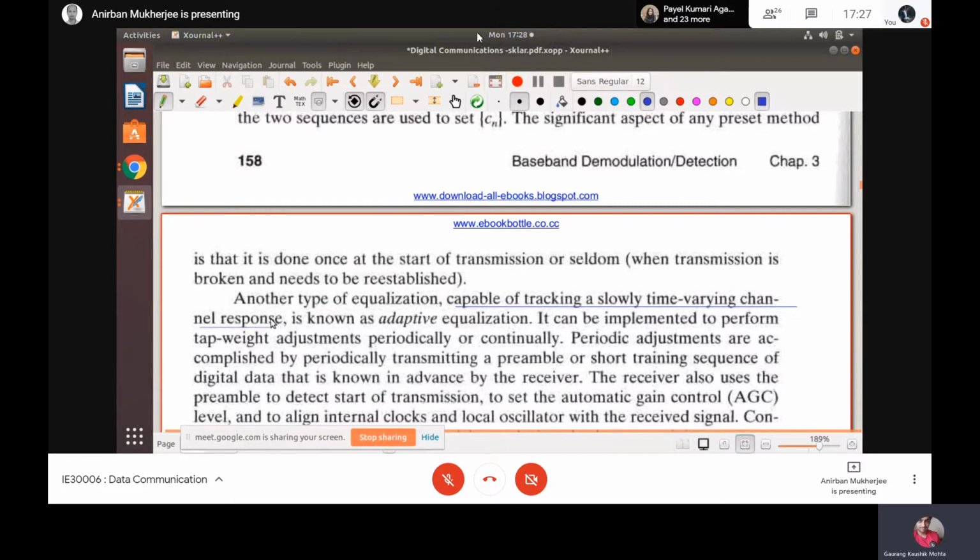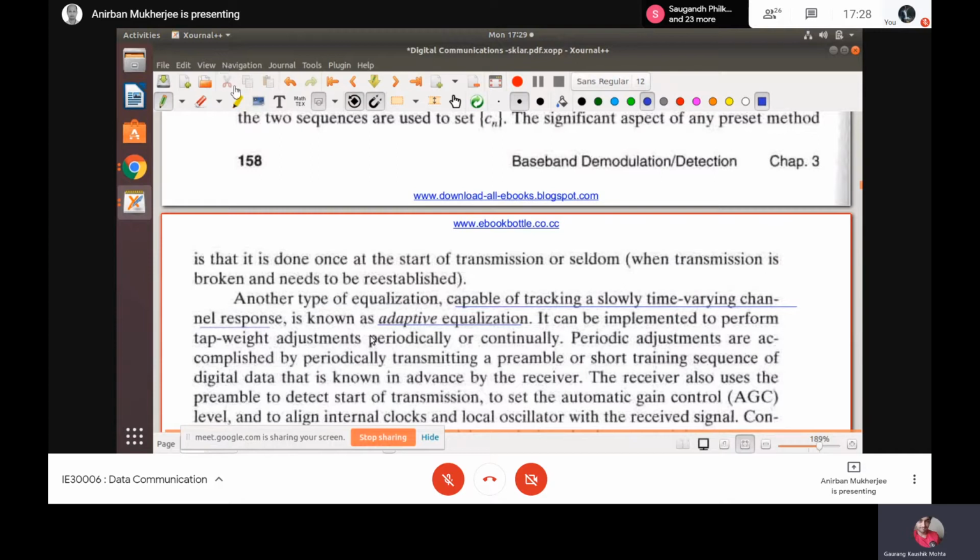But in most cases the channel is slowly varying, say in the wireless case, where you are moving. From the base station to you, the channel is continuously changing, so you have to continuously track the channel response. If it is a slowly time varying channel response, then normal equalization doesn't work fine, so we need to use adaptive equalization.